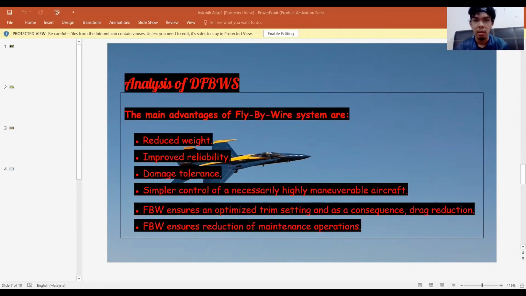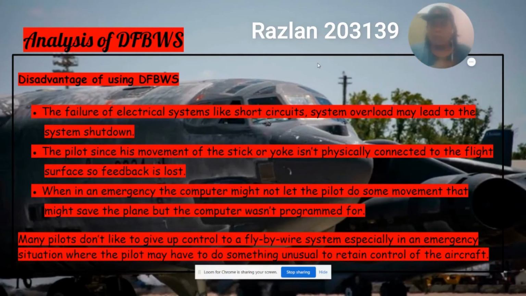Sometimes the digital fly-by-wire system does not let the pilots do something which is actually unusual in a flight. So the pilot cannot save the plane. That's all from me.